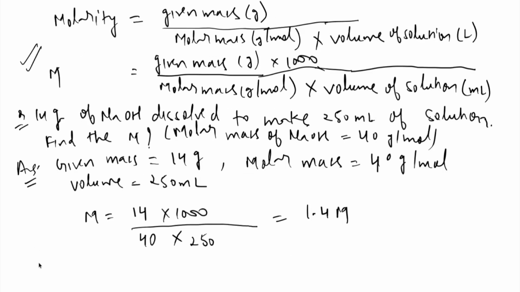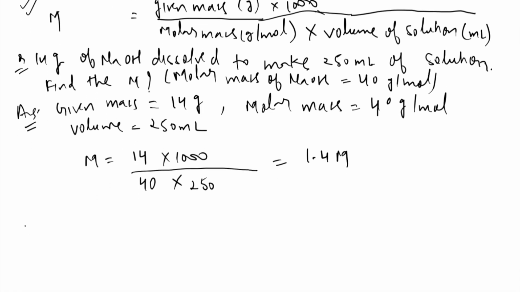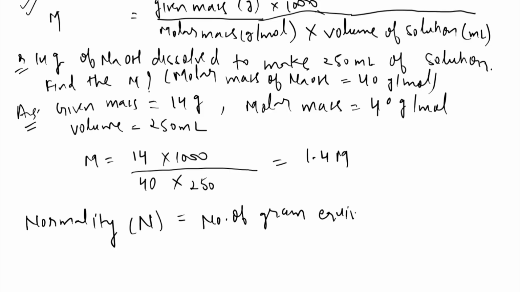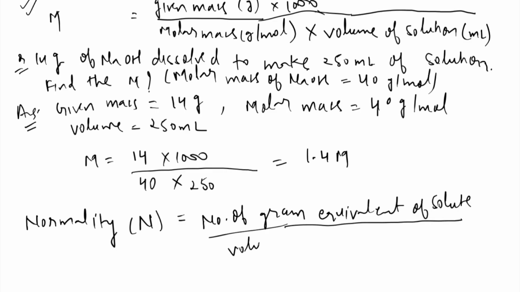Okay, so let's move to the next term, that is normality. Normality is represented by the symbol capital N, and it has a formula of number of gram equivalent of solute divided by volume of solution in liter.